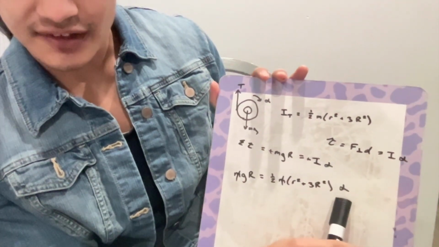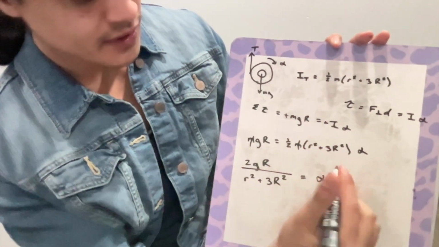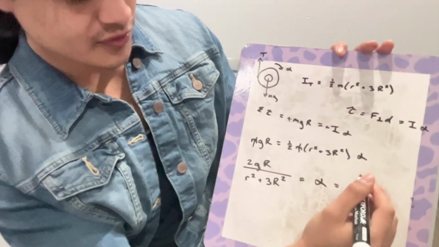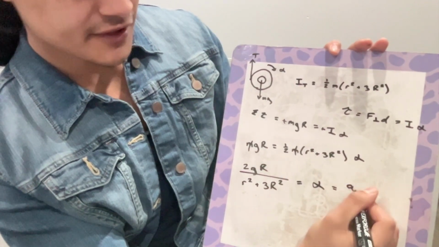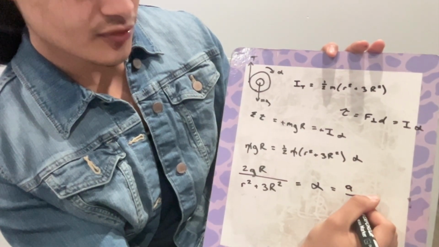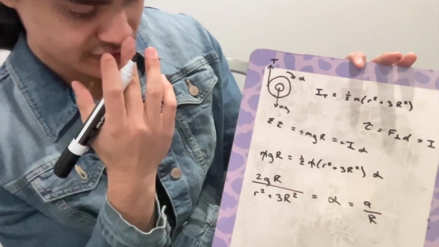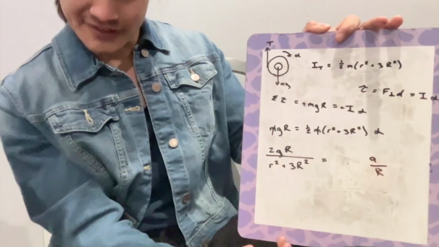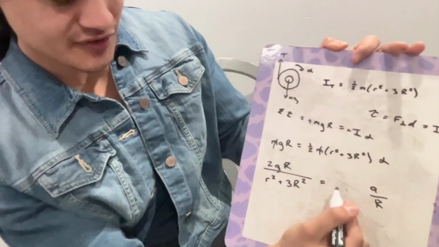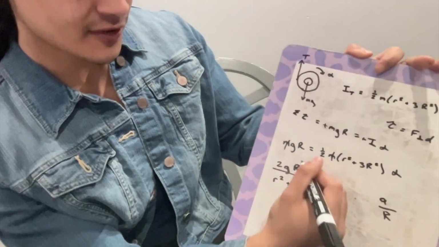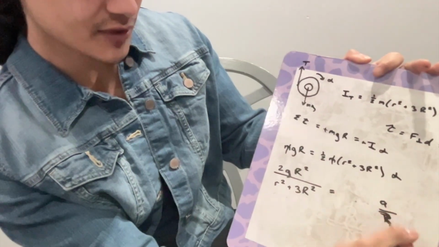Let's isolate this alpha. Angular acceleration alpha is also equal to linear acceleration over the radius, big R in this case because it's the total radius of the object. Solve for the linear acceleration of the object falling. We just multiply both sides by R, so it's going to be R squared, and then this goes away.